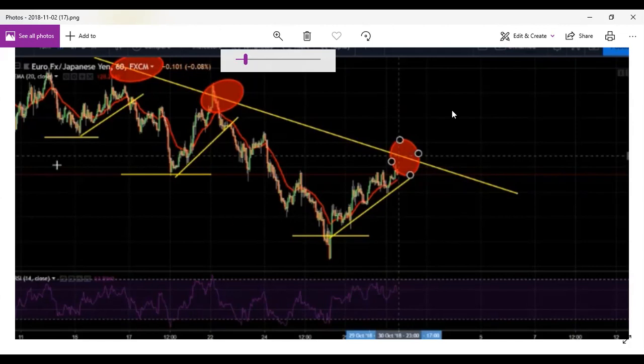All right. So now let's go to a naked chart. I'm going to get out of this altogether. And let's look at a pure naked chart. Let's close these things.